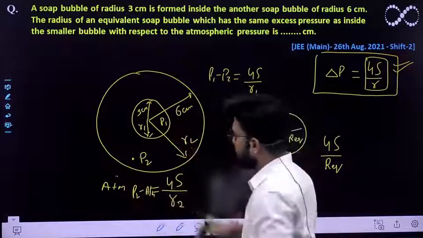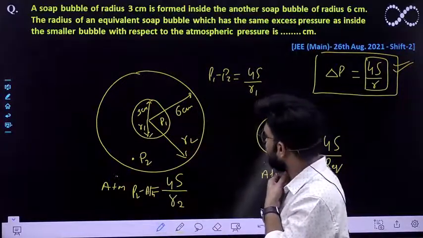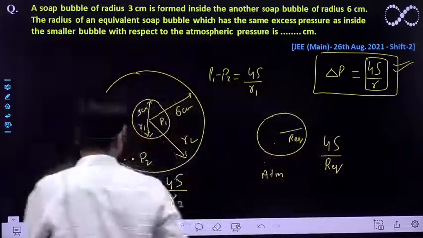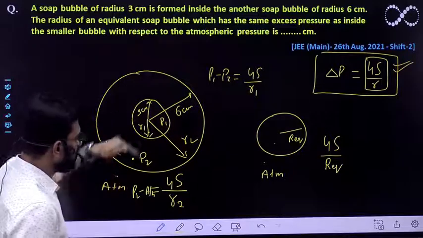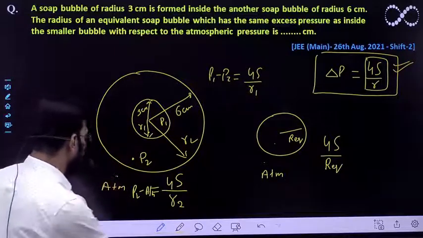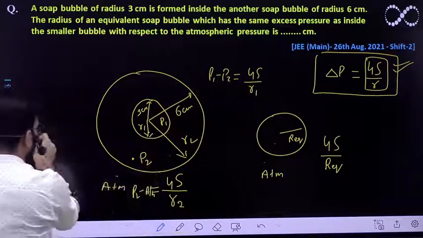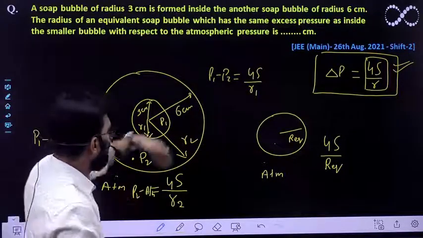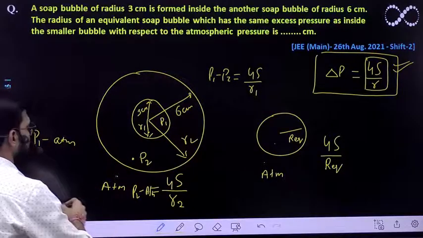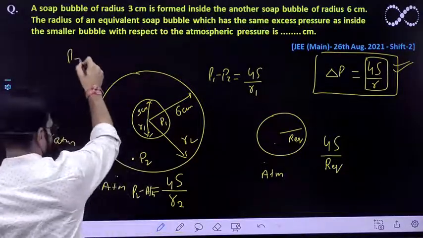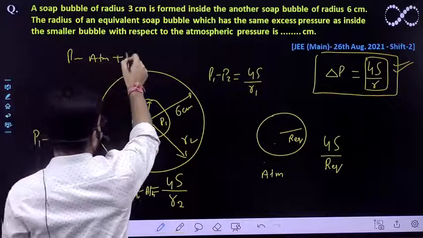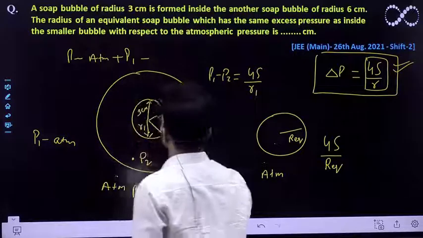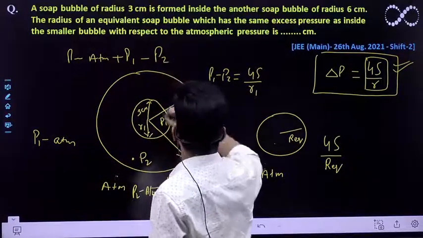We have to find the value of the excess pressure between these two, so we need to find P1 minus ATM. If I add these two terms, you easily get P1 minus ATM plus P1 minus P2. Sorry, that is P1 minus P2 plus P2 minus ATM.